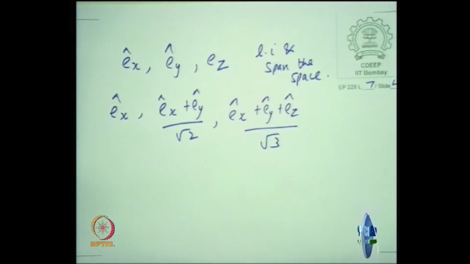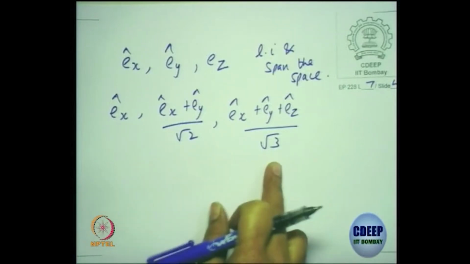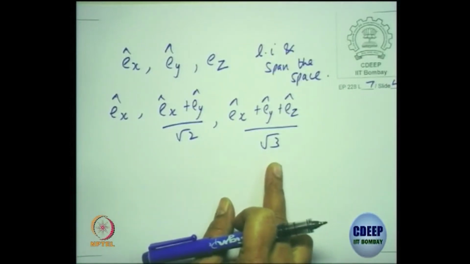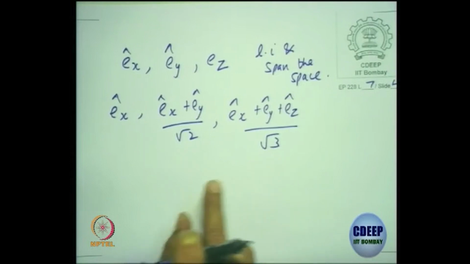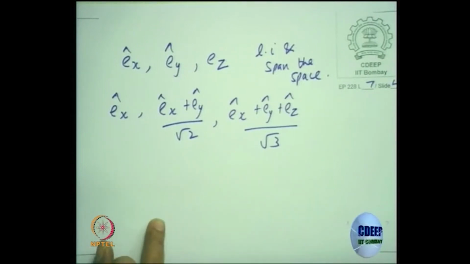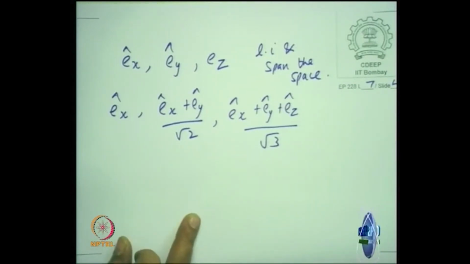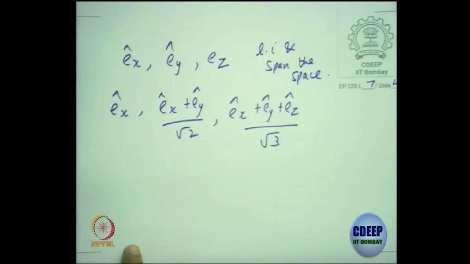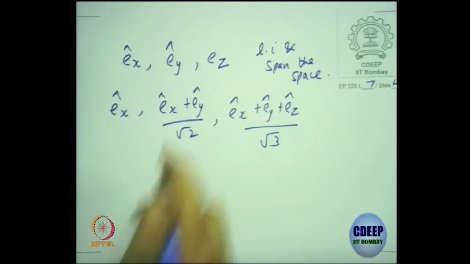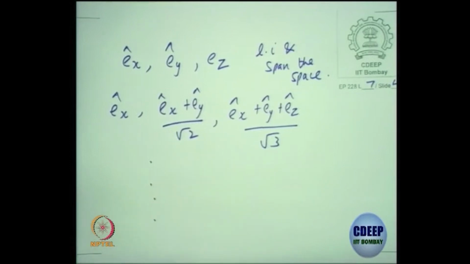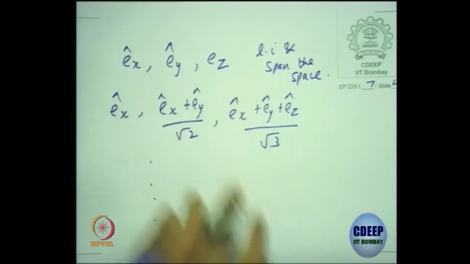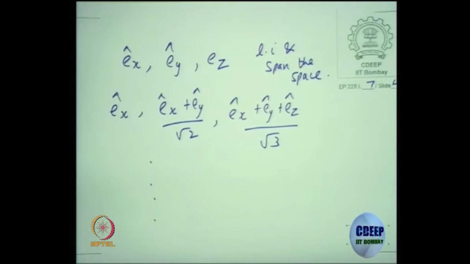Why am I putting the denominator? So that they can be like a unit vector. Are these also spanning the space? They are also spanning the space. Are they also linearly independent? Any arbitrary vector, you can write it in terms of these 3. So you can actually list, you can keep going. But you notice something in this keep going. What is something which you notice?